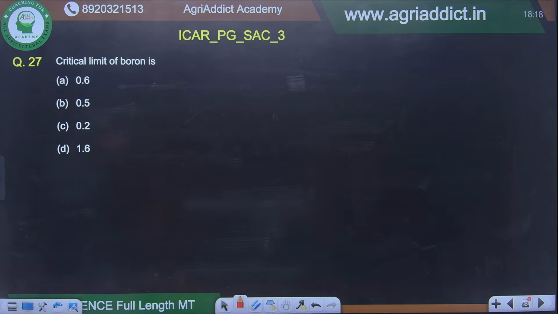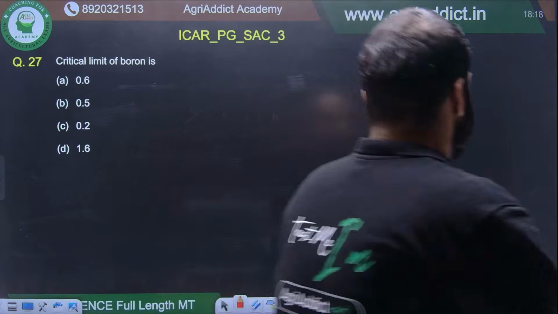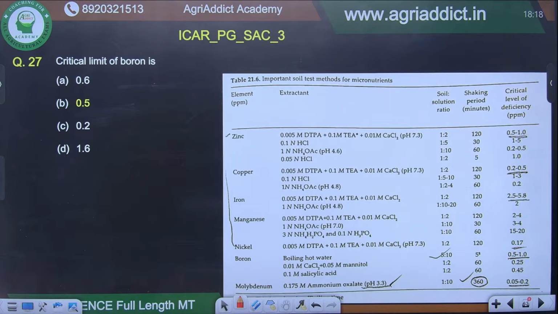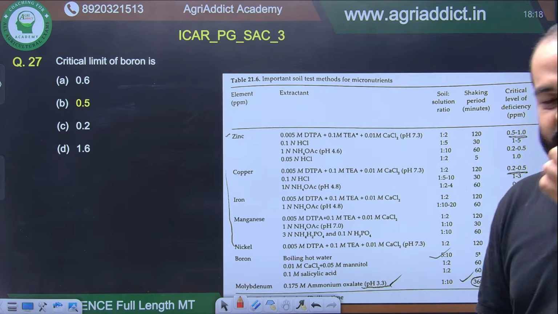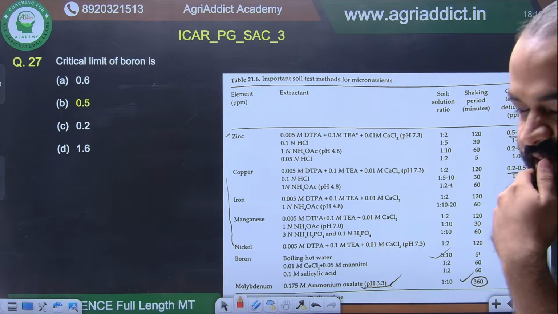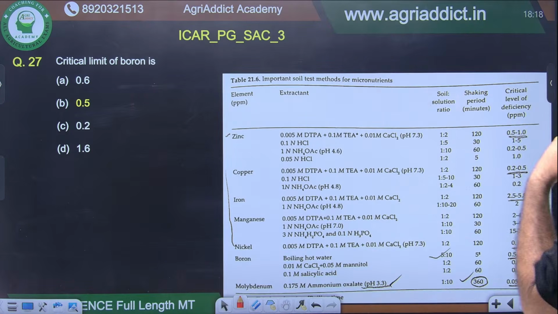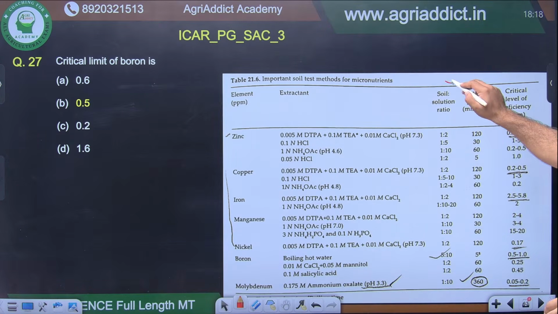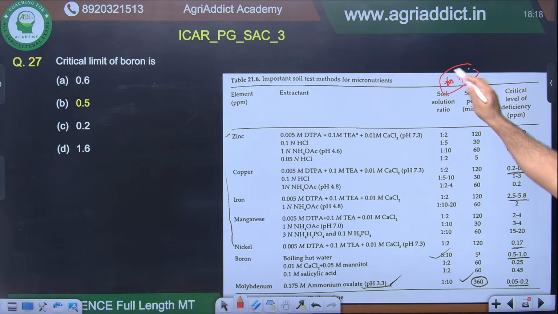Yes, Aman, you are also correct. Both of you are correct. It is 0.5. So you can see that table in treatise also. Treatise में एकदम table में एक value दिया हुआ है. But I like this table more because this table is more important. This is from new ISSS. Here you can see the critical limits, you know.